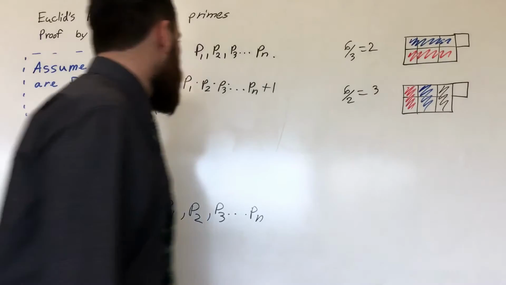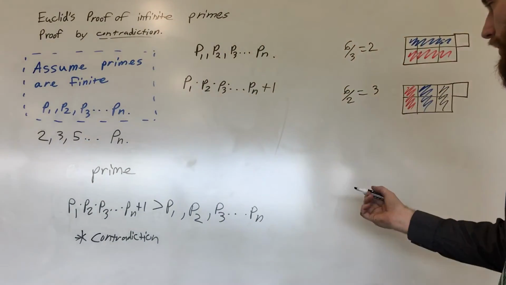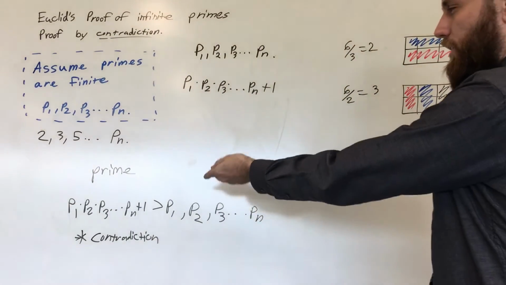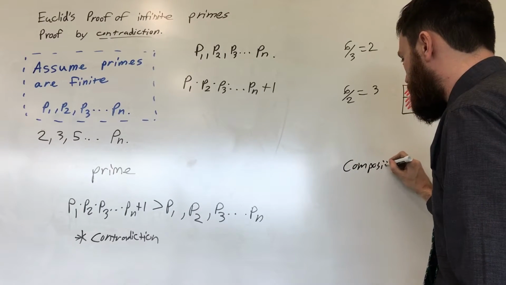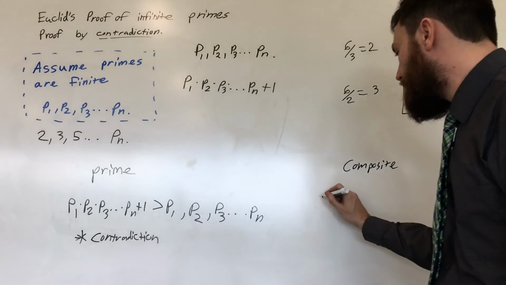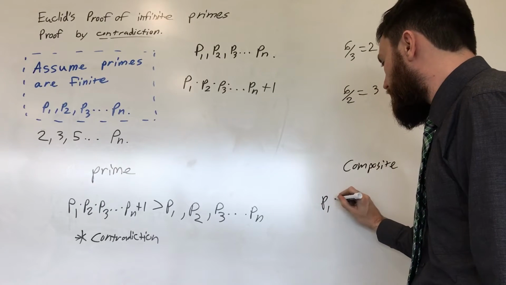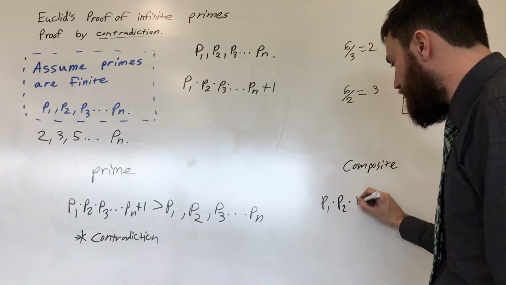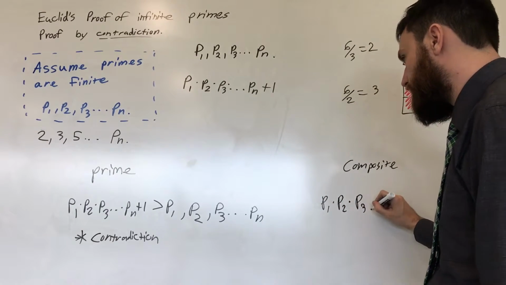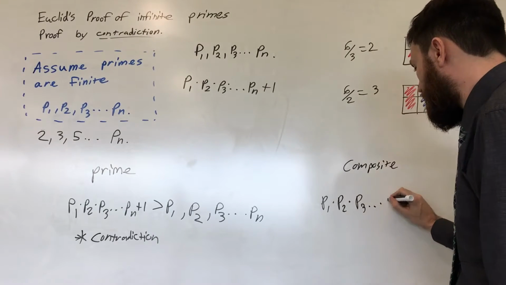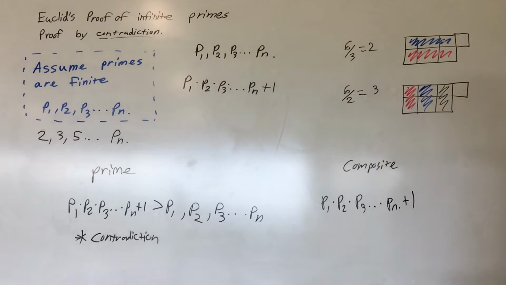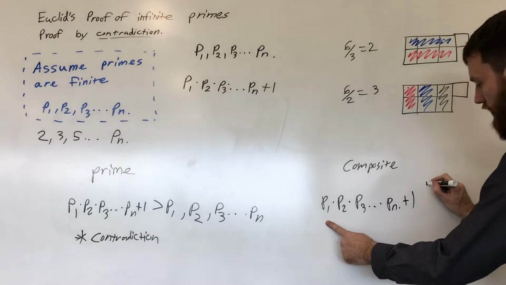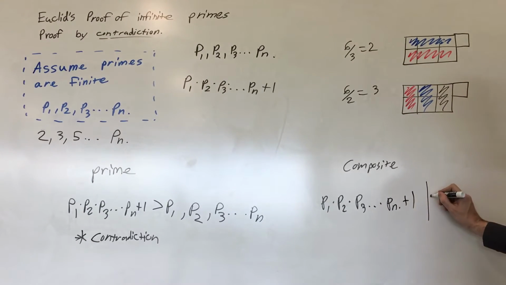Okay, so this number here could be composite. That's the only two options we have. It could be prime or composite. If it's composite, P1 times P2, what divides it?